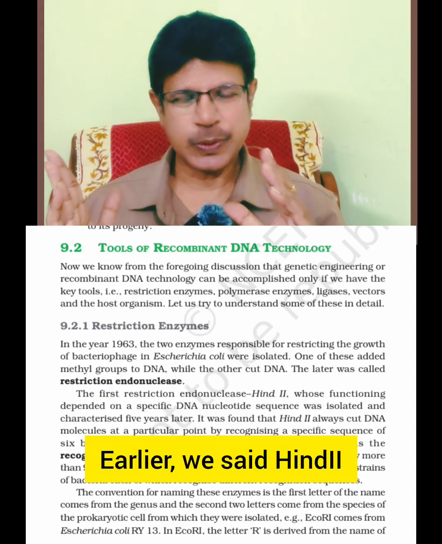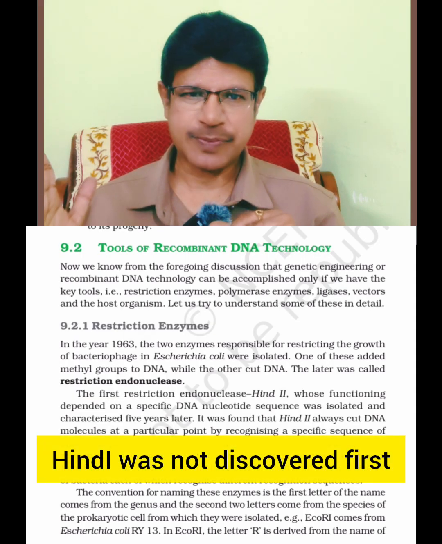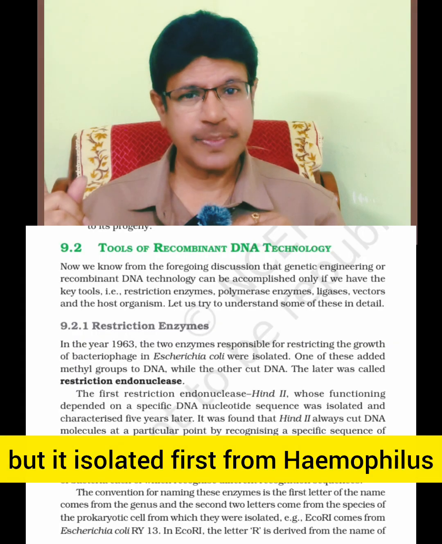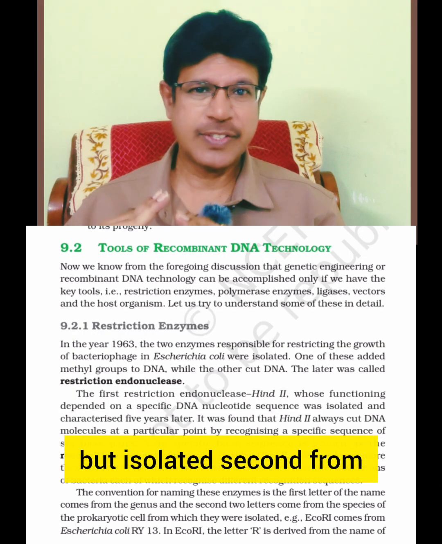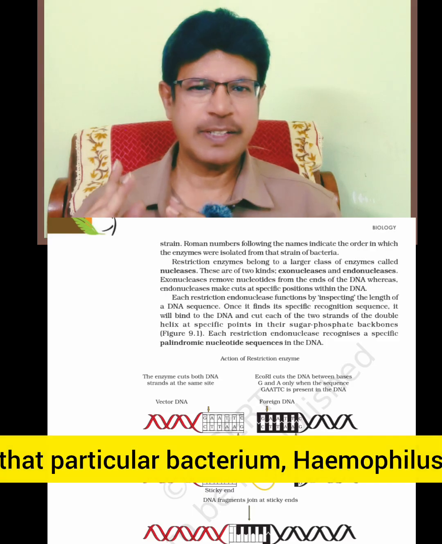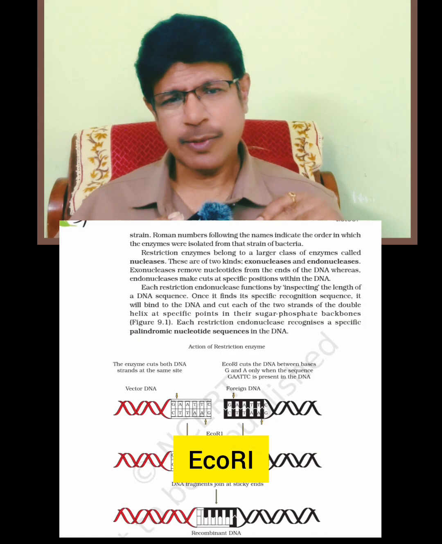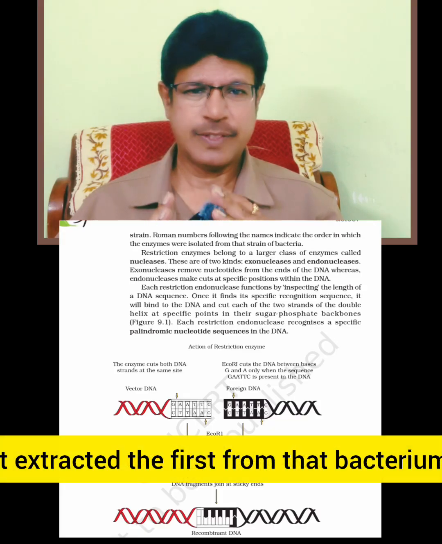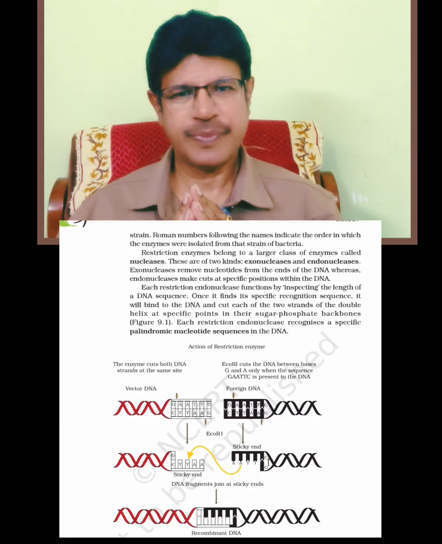Earlier we said HindII. Suppose HindI: HindI was not discovered first, but it was isolated first from Haemophilus. HindII was discovered first, but isolated second from that particular bacterium Haemophilus. Here also, EcoRI was extracted first from that bacterium, that is Escherichia coli.